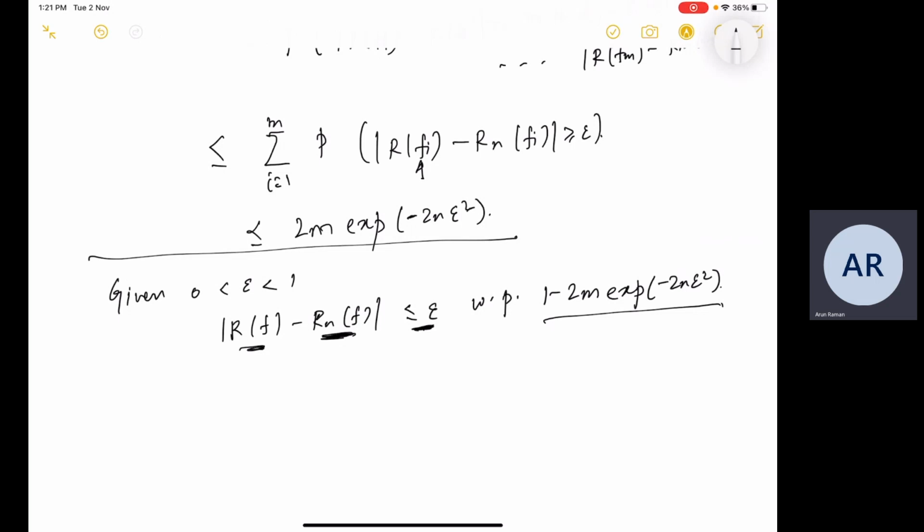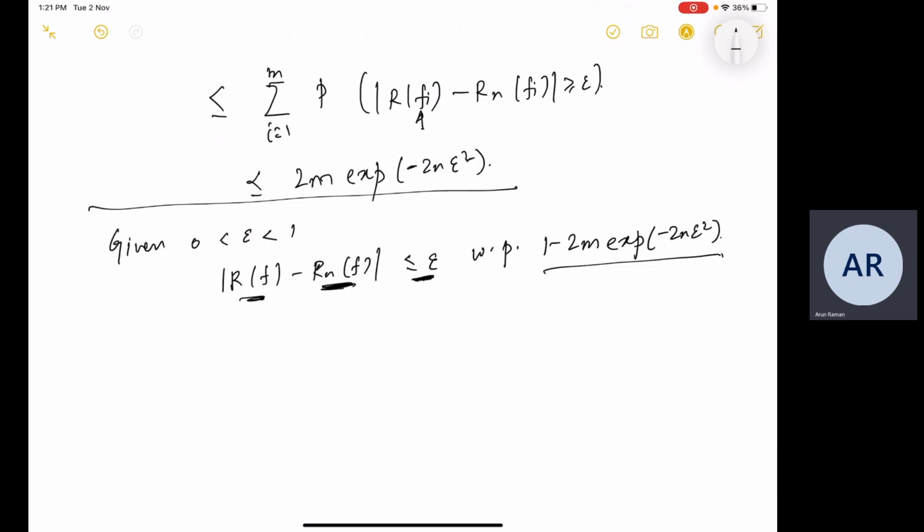In some applications, if we can tolerate an error of a certain amount, then given an epsilon, we get the probability. But here we are interested in saying that we want to be 95% sure. Then what is the error for us to be 95% sure?